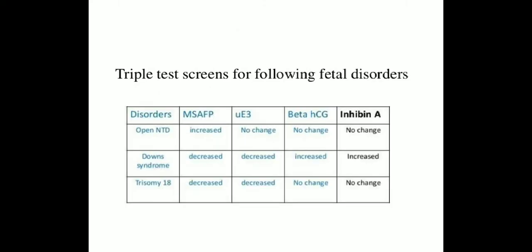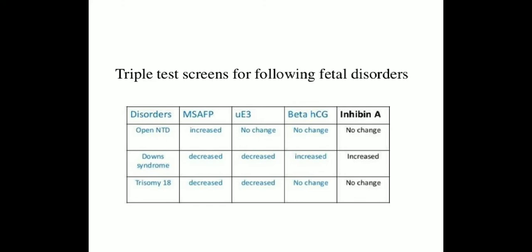The triple test screens for the following fetal disorders. There is a table you can see. In this table, we do this triple test to screen for a few of the fetal disorders. The first column is open NTD, that means open neural tube defect. The maternal serum alpha fetoprotein is increased in open neural tube defect.